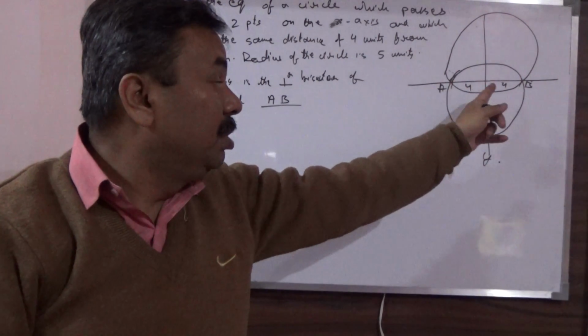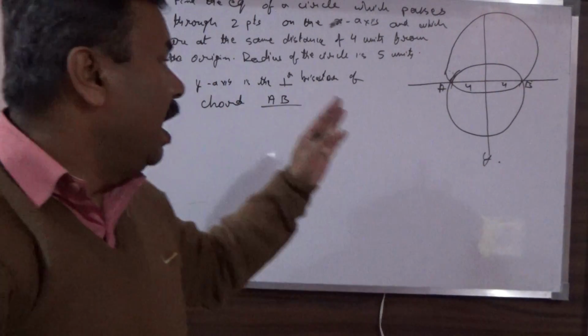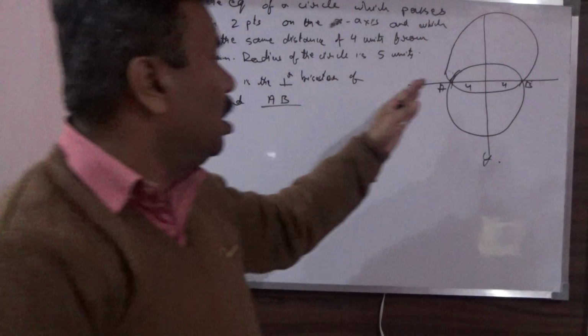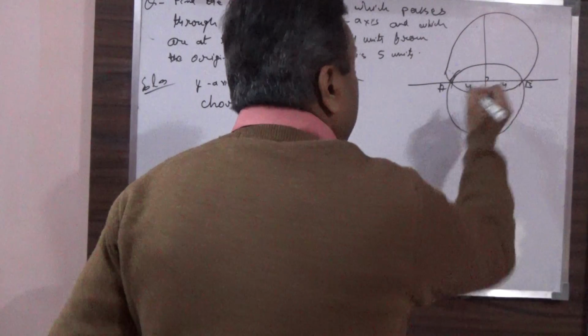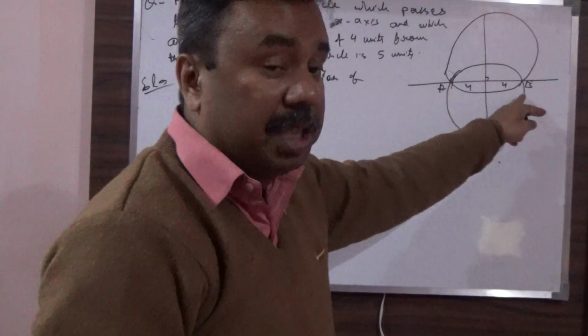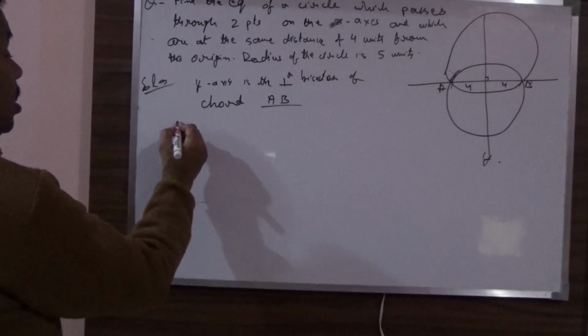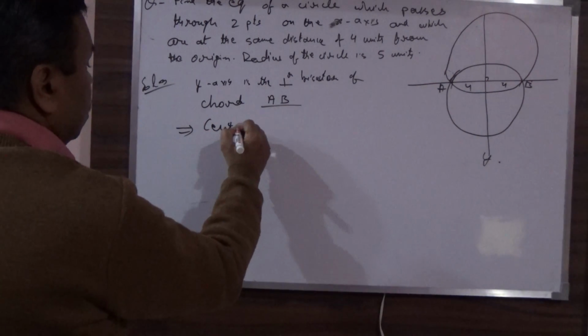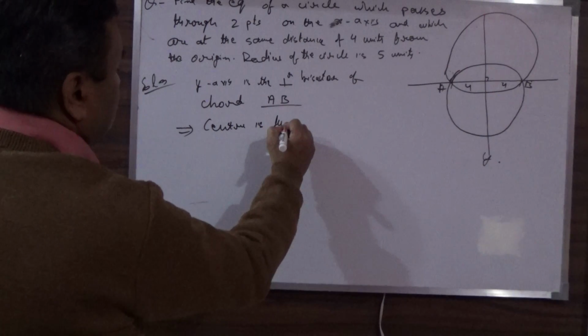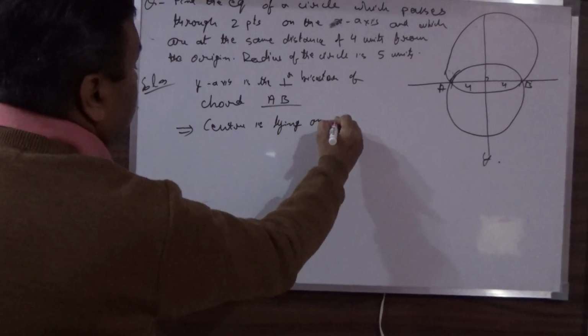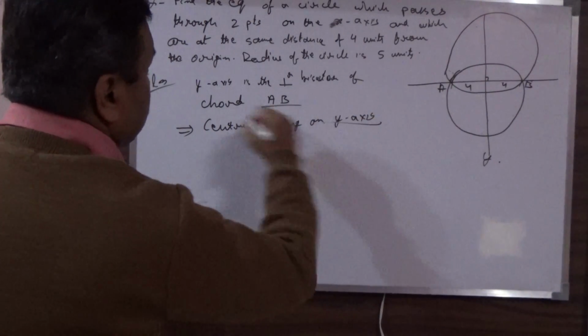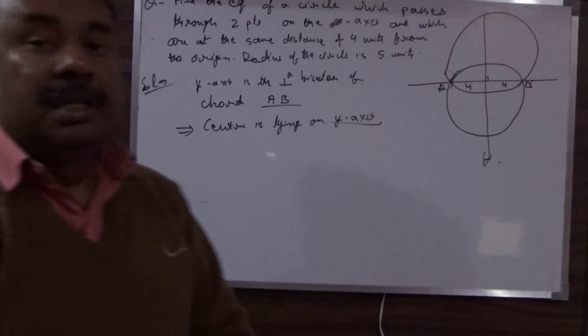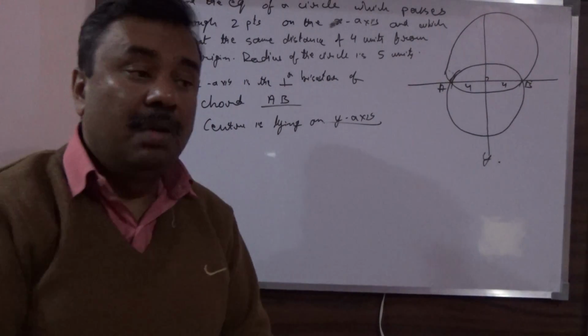So I will assume AB to be a chord only, and since the y-axis is the perpendicular bisector of this, because both sides have the same distances, this implies that the center is lying on the y-axis.